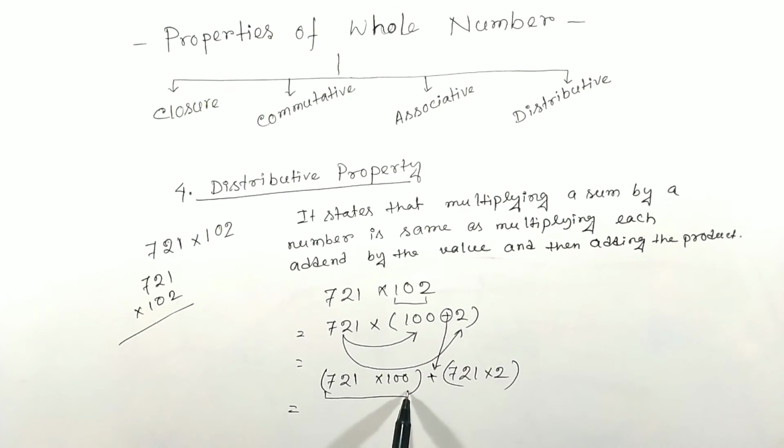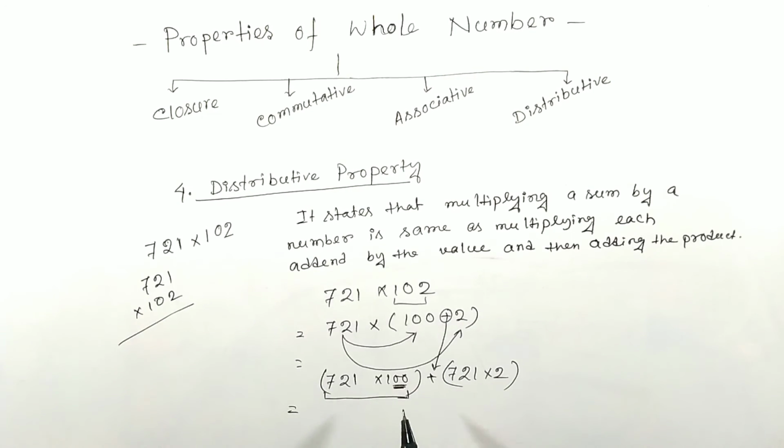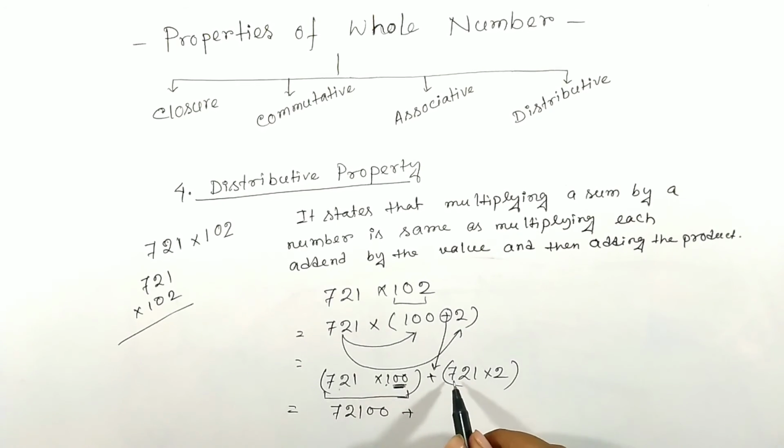This multiplication is very easy because any number that ends with 0, its multiplication is the easiest, because 721 into 1 is 721. You need to put just the number of zeros here. Plus you only need to calculate this multiplication, that is 2 1s are 2, 2 2s are 4 and 2 7s are 14.